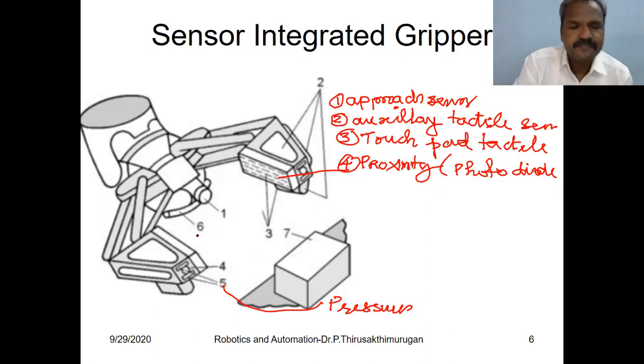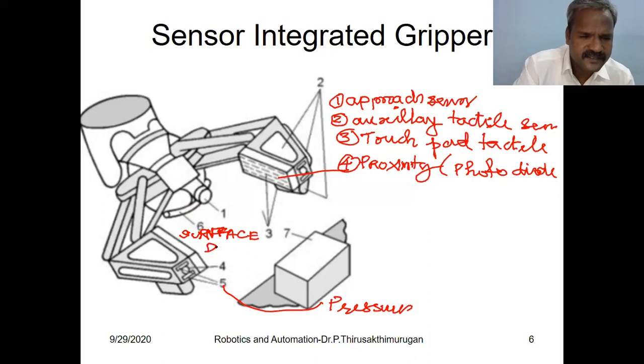The six is a surface detection sensor, or the six may be a slip sensor.